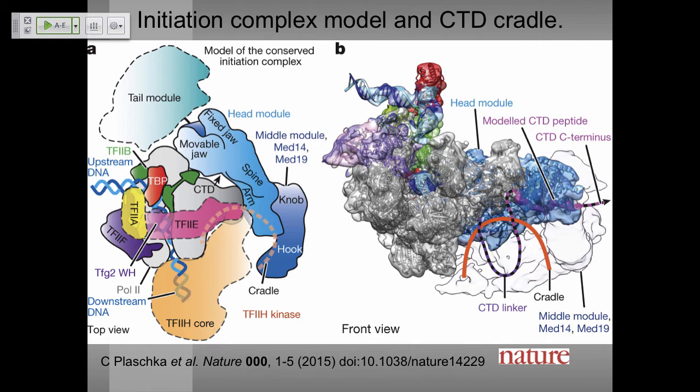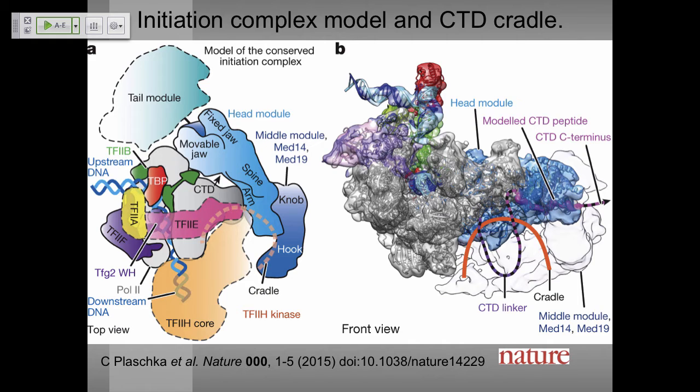Just for scale, the DNA is right here, and you can sort of see the DNA bent through here. So the amount of proteins, the amount of everything else which is there, is vastly outweighing the DNA. It's a really large amount of protein complexes, and all this is about is finding the right place to start.